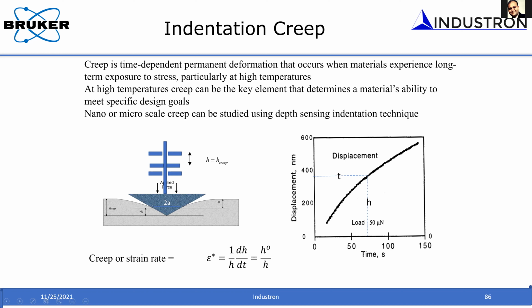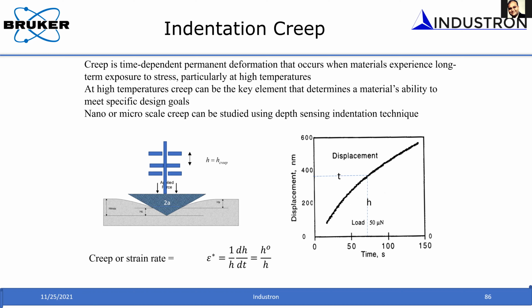Okay, but the problem in this type of measurement technique is, along with the true displacement response of the material, you also measure the thermal drift response of the system. So it's very difficult to separate the drift from the actual depth of penetration that you wanted to measure the strain rate from.